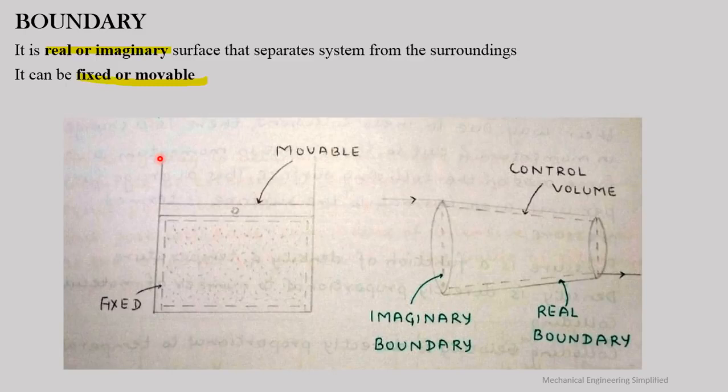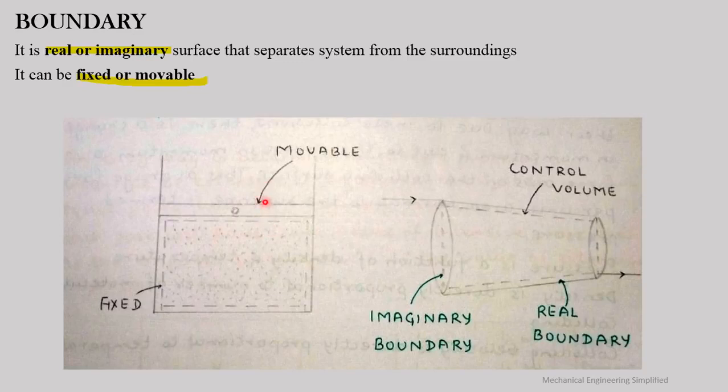See, this is a piston cylinder arrangement. This is a cylinder which is fixed and this is a piston which is movable. If we draw this boundary inside this control volume, the boundary which is near the cylinder is a fixed boundary. On the other hand, the boundary which is close to the piston is a movable boundary.